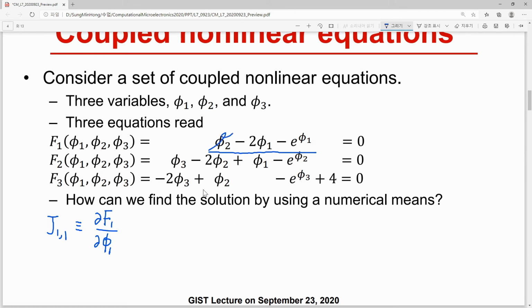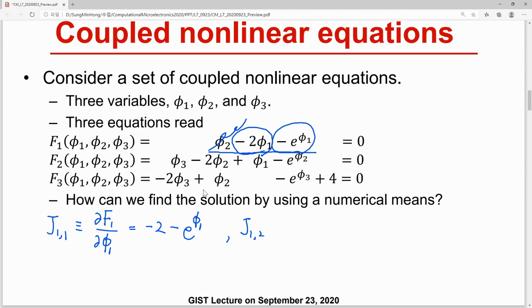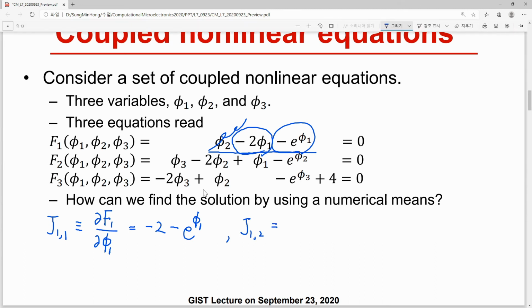That does not contribute, and we have minus 2 from this term and exponential phi 1 from this term. That's it. And the 1,2 component now becomes just number 1 because of this term.